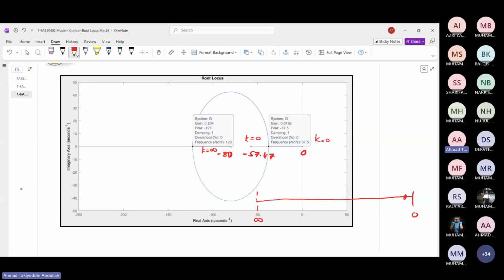So this oval will be just like a straight line. You got the idea?